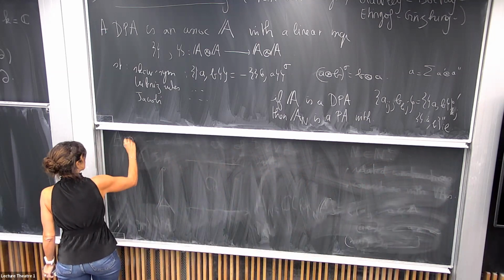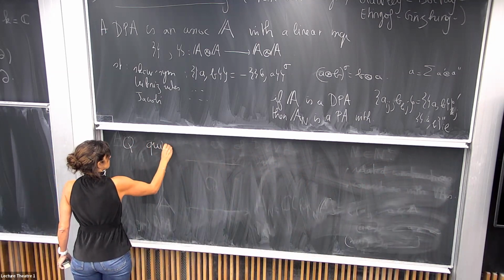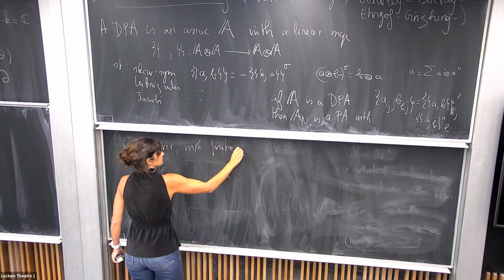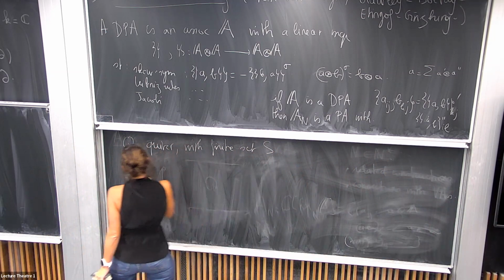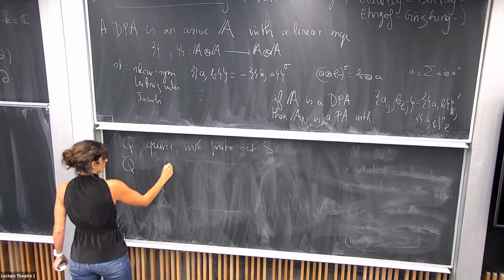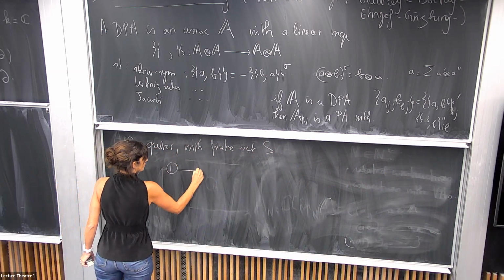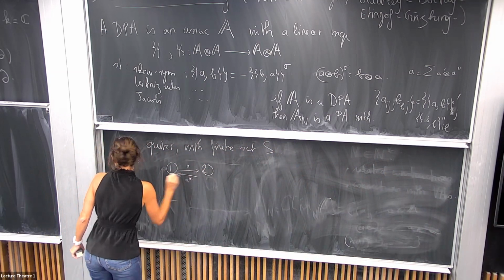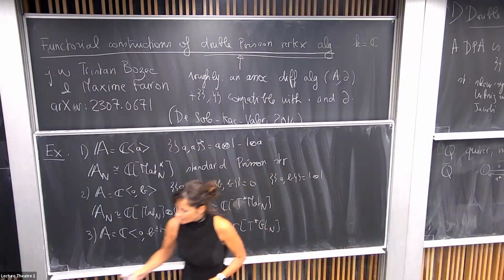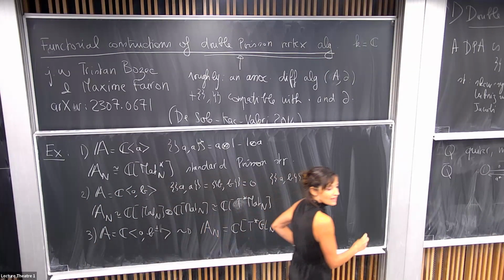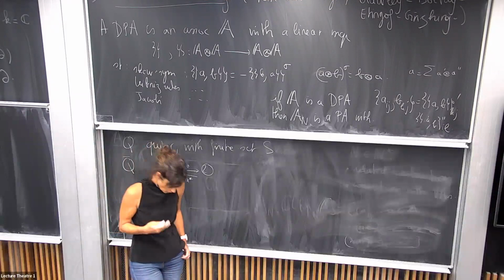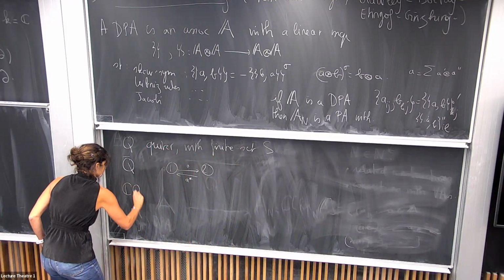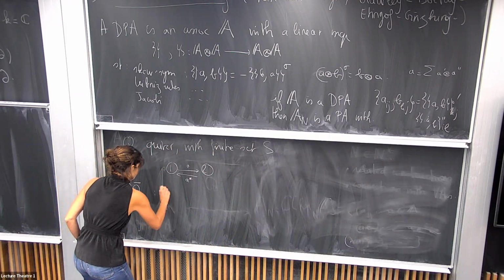Let's consider a quiver, a finite set, and then I consider the double quiver. If you have a quiver like this, you add inverse arrows like this, and then the path algebra of this double quiver naturally has the structure of a double Poisson algebra.